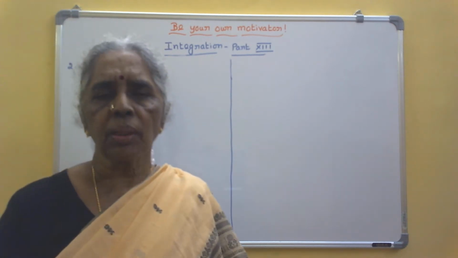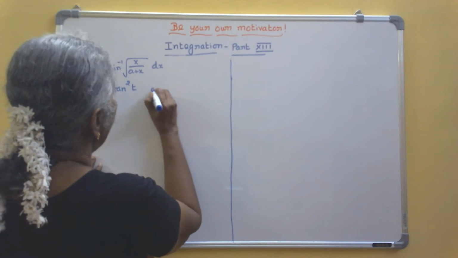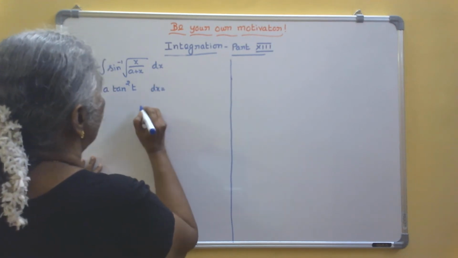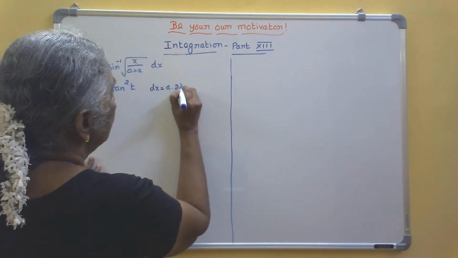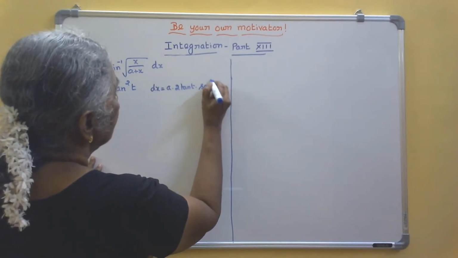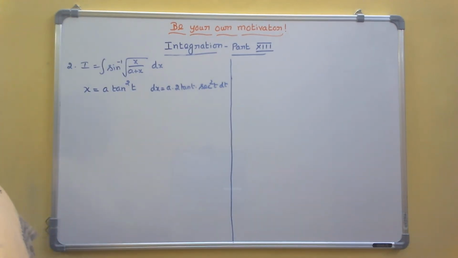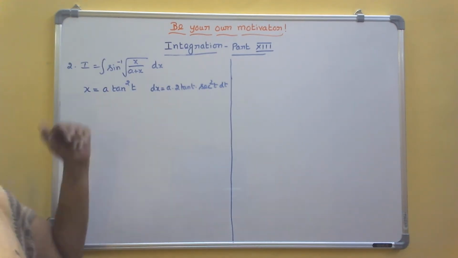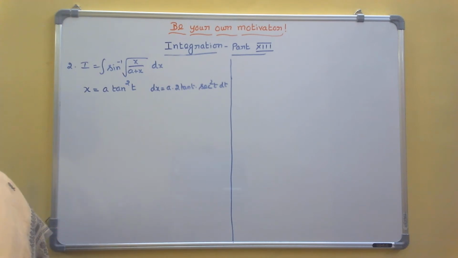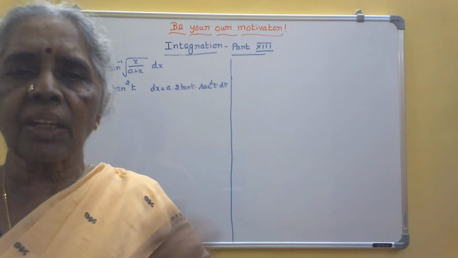Whenever you substitute, immediately you have to differentiate. So now, if I differentiate, I will get dx is equal to a into 2 tan t into secant squared t dt, right? Now, this is not enough for me. Then I have to bring that t back to x in the final answer, isn't it?